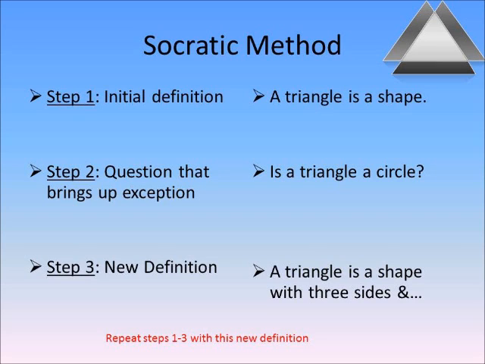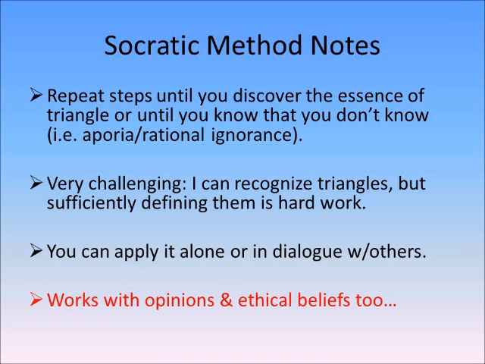And notice how challenging this way of thinking is. I can recognize triangles, but it's really challenging to sufficiently define them to discover the essence of a triangle. But according to Socrates, I don't really understand, I don't really know until I can give such definitions. So the consequence is that we know very little.